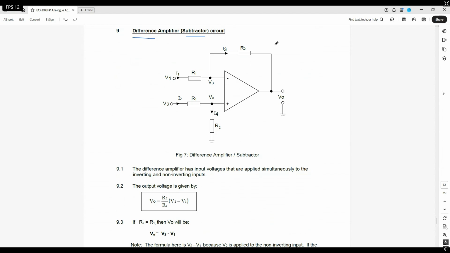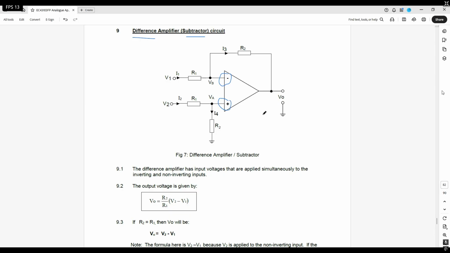Okay, and this is the connection of the difference amplifier or subtractor. Something different. You realize that the input signal goes to the negative as well as to the positive. So what happened?